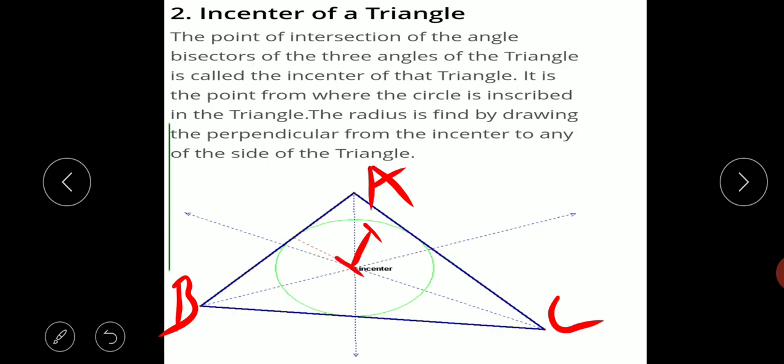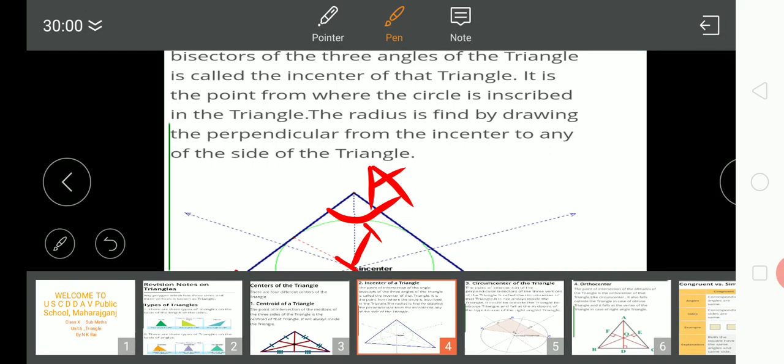The point of intersection, and these are the bisectors of these angles. So this point is known as the incenter, and it is the point from where the circle is inscribed in the triangle.